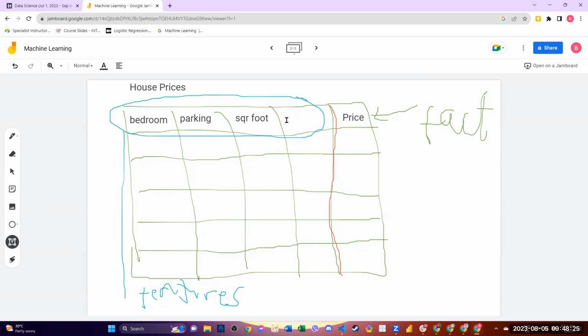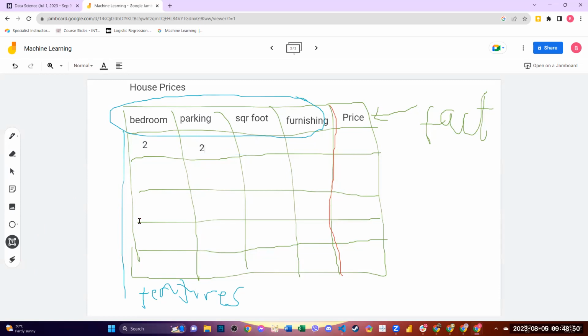What else? Okay, we can do that. Furnishing. Okay. So let's say we have five features. Now we need to get the values. For the bedroom, we can say 2 bedrooms.